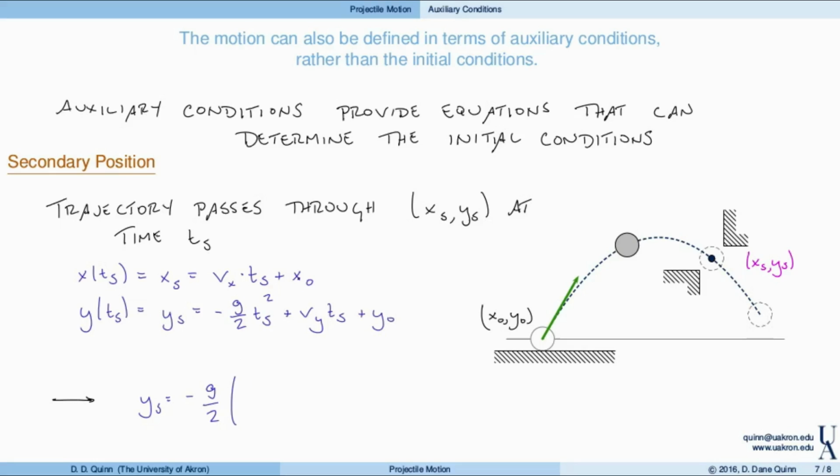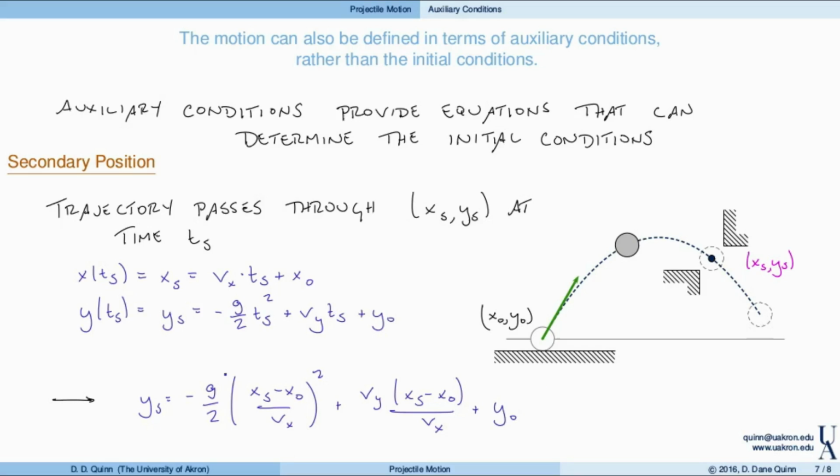Well, ts here can be solved as xs minus x naught divided by vx, and that's squared, plus vy times xs minus x naught divided by vx, again, ts is equal to that quantity, plus y naught.